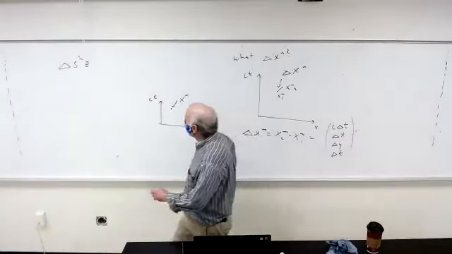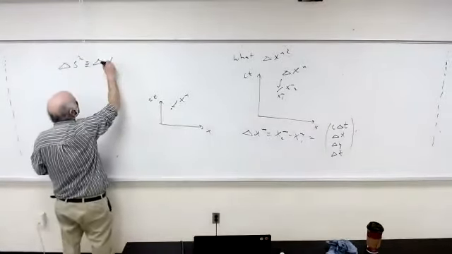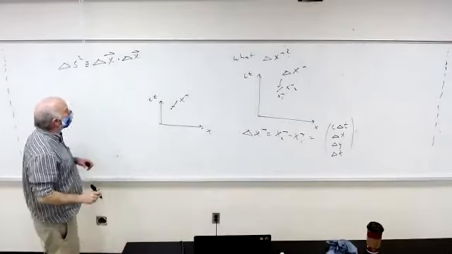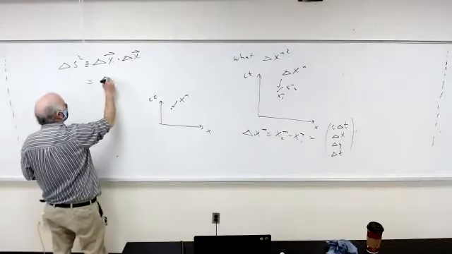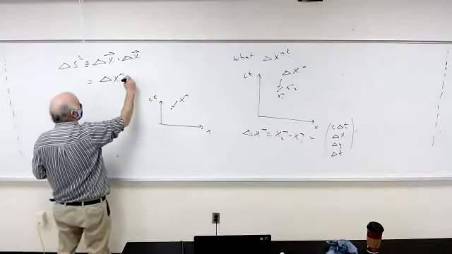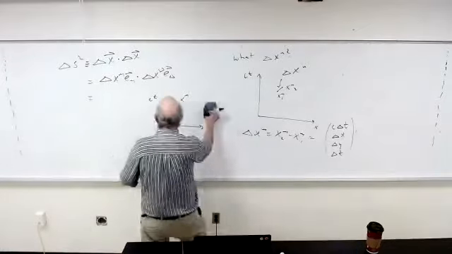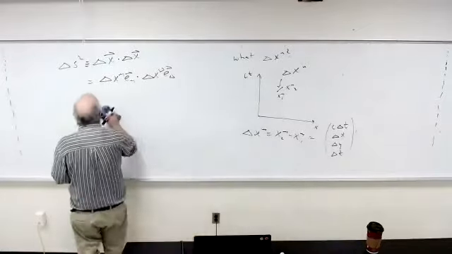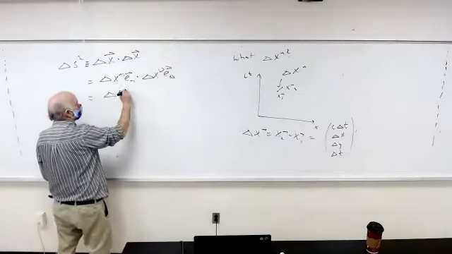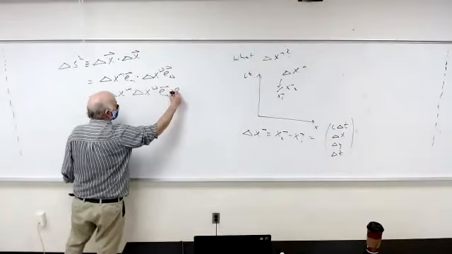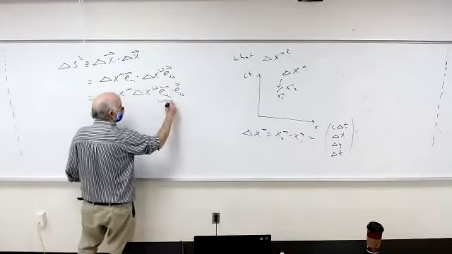It's going to be basically this guy here, which is delta x mu, delta x nu, times this, our eta mu nu.